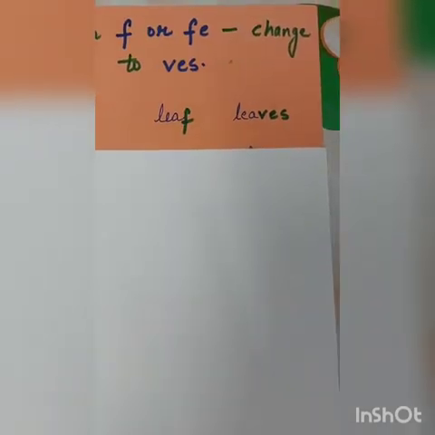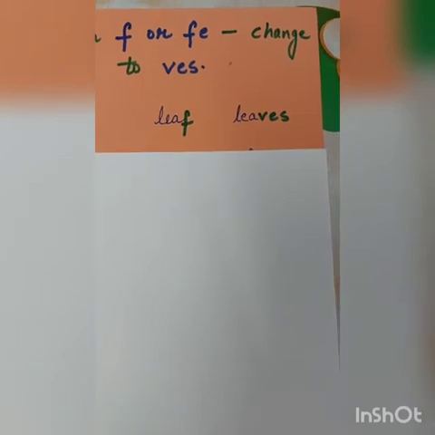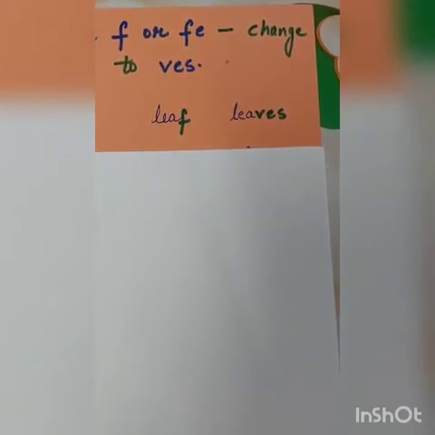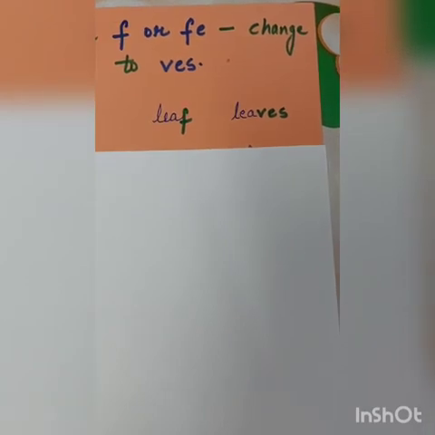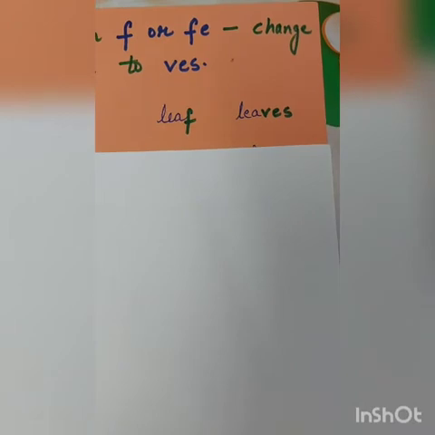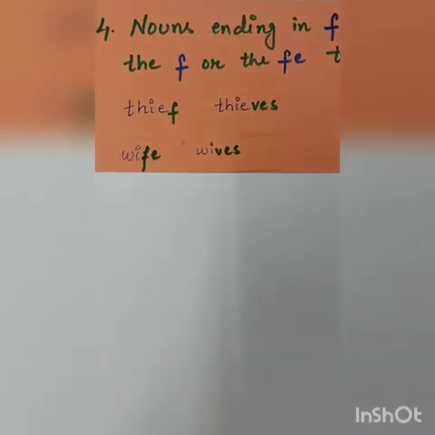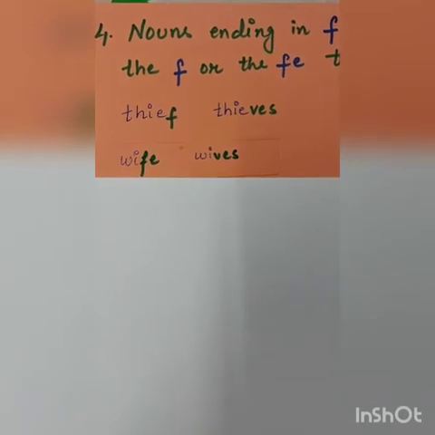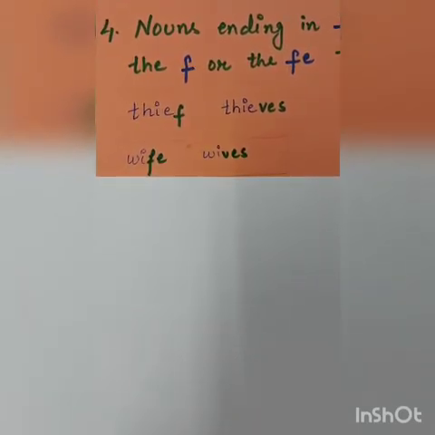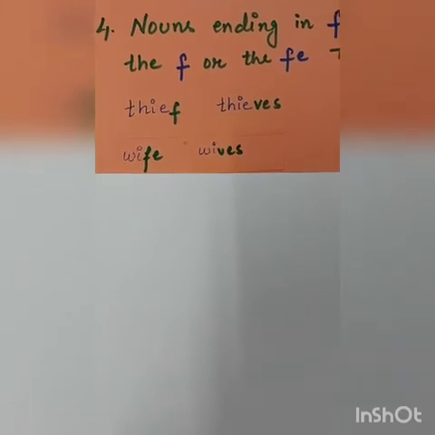Another example is leaf. Here again, F will be removed, and instead of F, we will write VES to make it plural. So leaf and plural is leaves. Now the word is wife. So the noun wife also ends with FE.